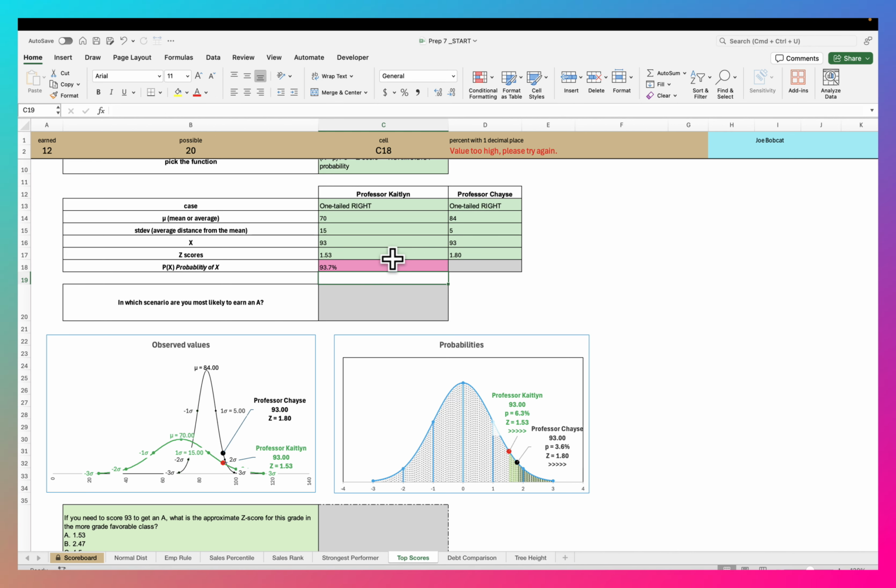All right, but it's to the right, remember, and so if it's to the right, we have to subtract 1 minus all that probability and then do that for both. And you can see more probability in Professor Caitlin's class that you're going to be to the right of 93, meaning that you've got an A in the class.